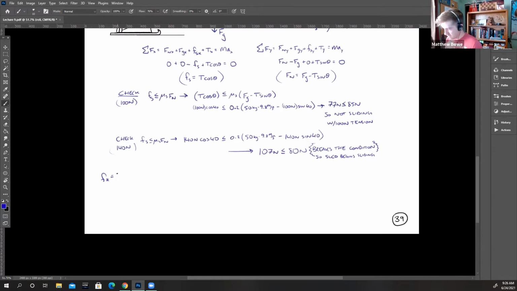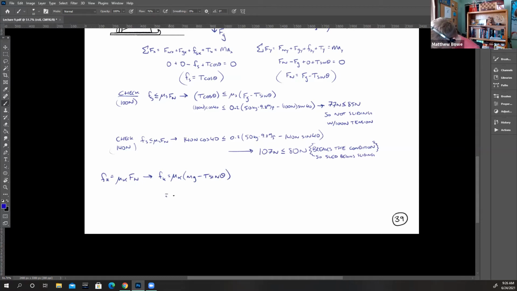So now we know the sled is sliding. Then we could just put in the values that we've already solved for. Fk is equal to the coefficient of kinetic friction, mg minus t sine theta.